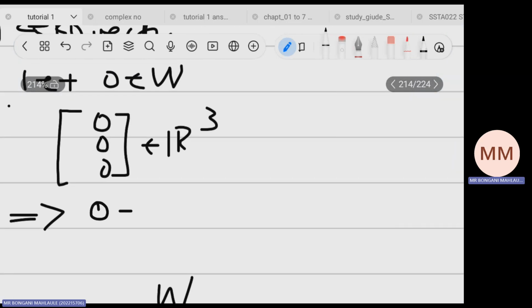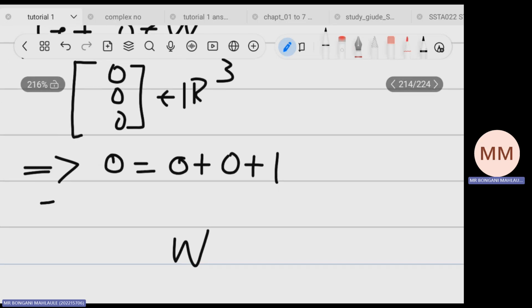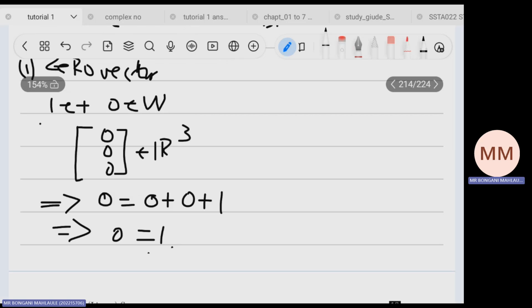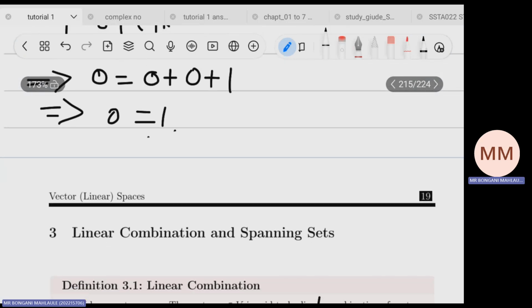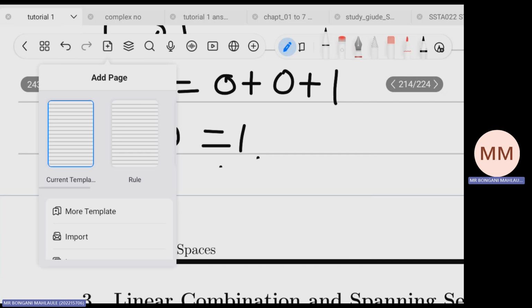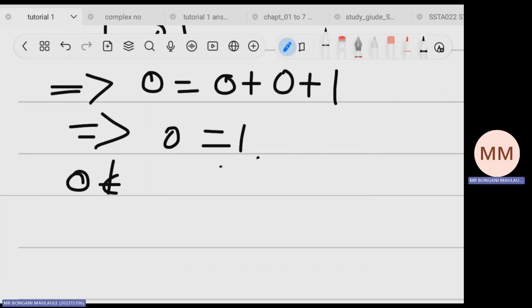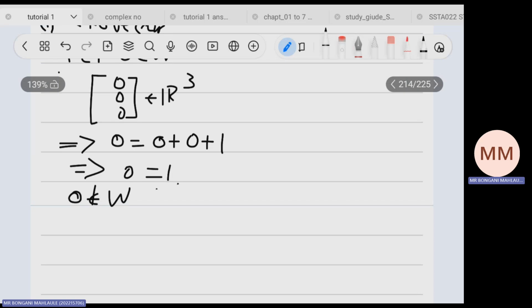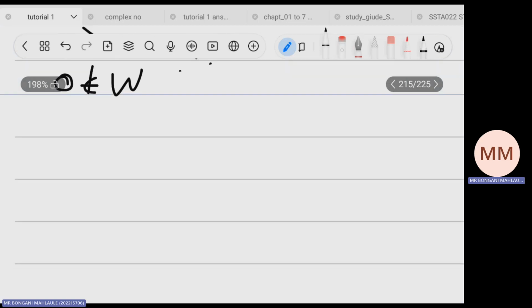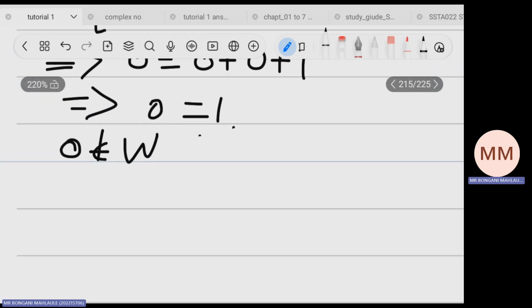It means that 0 will be equal to 0 plus 0 plus 1, and this implies that 0 is equal to 1. So this is false. This condition fails. But since this is false, you will say 0 is not an element of W. So the first condition fails. You don't have to go to the second one, but you can continue.